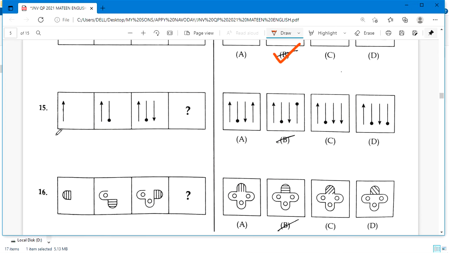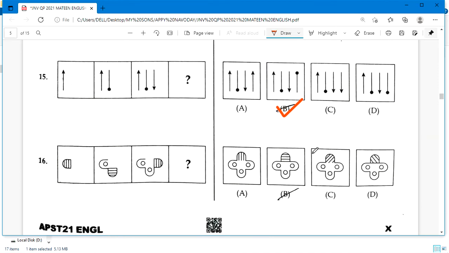And the next, 15th question: here is a single arrow, and here is one arrow and a reversed matchbox. And the next one is like this, one arrow upwards and one downward, and the next will be an upward pin. That's nothing but option B.